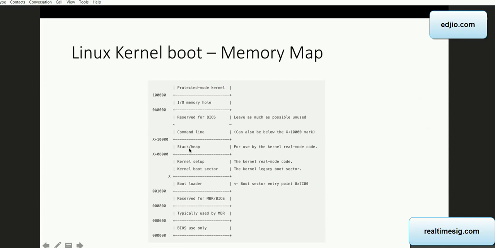Remember the previous classes where we understood how function calls are implemented. As soon as a function is entered, a push operation is done. As soon as the function is completed, a pop operation is done. So push and pop operations happen in the stack. And why do you need heap?